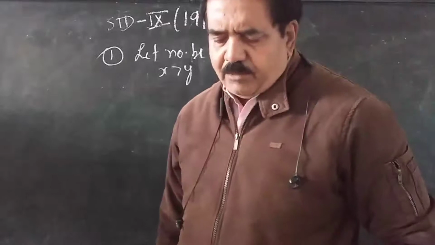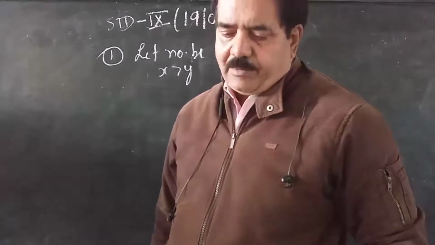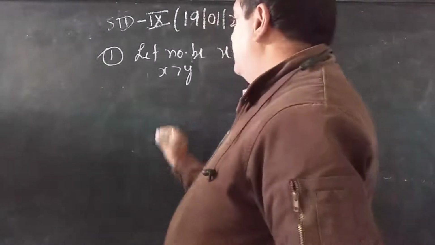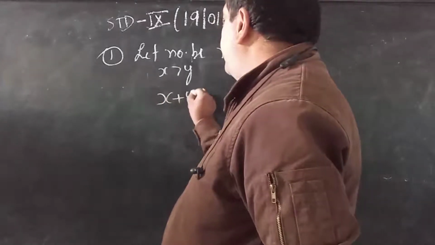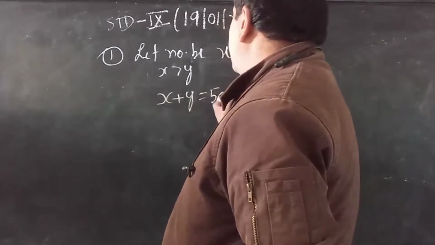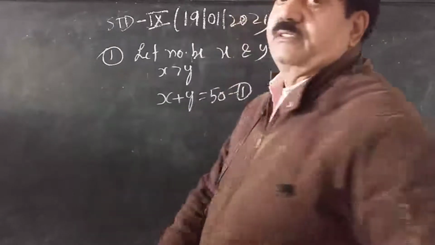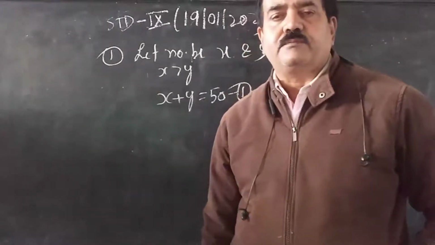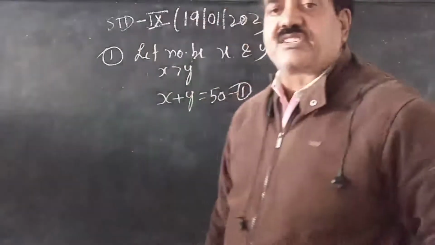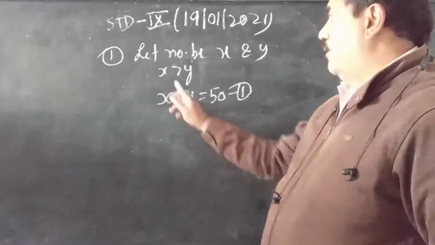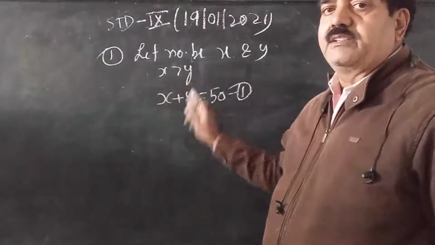Then the sum of the two numbers is given as 50. Sum of two numbers, x plus y, is given 50. Say this is equation first. And their difference is 60. Already we have supposed x is greater, y is smaller.